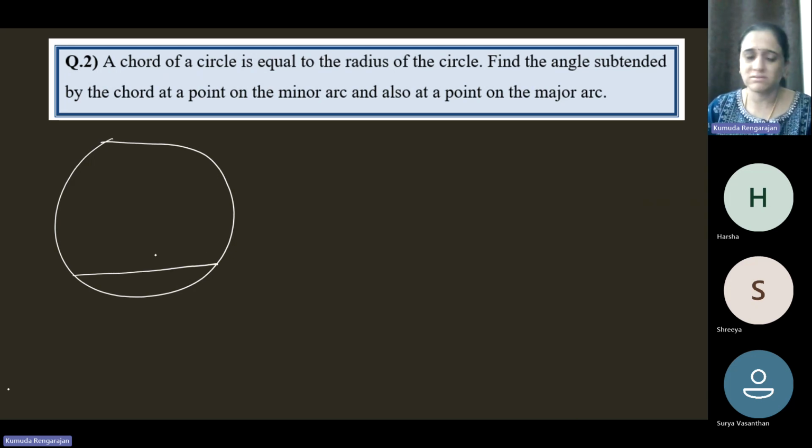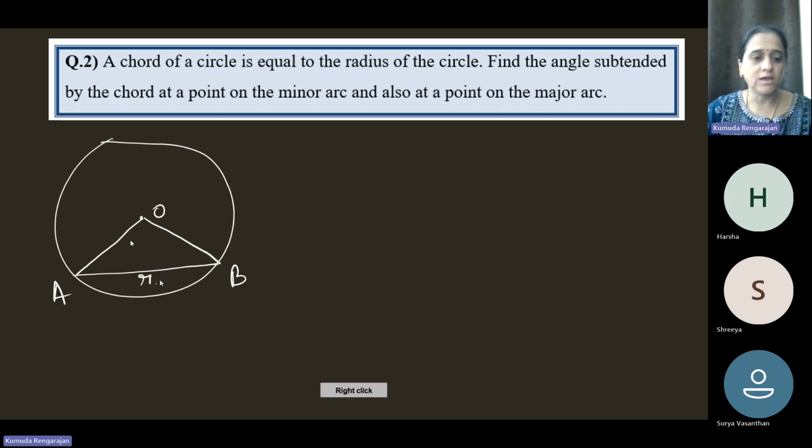So you can take this chord AB, whose length is equal to the radius of the circle. So center O, this is equal to R, so this is radius R. So this one is an equilateral triangle. So this is 60 degrees. If needed, whichever is useful, we can use later.